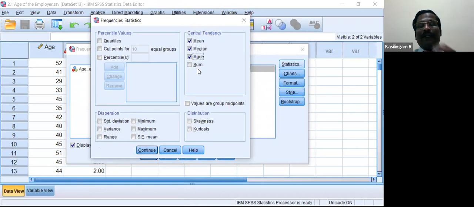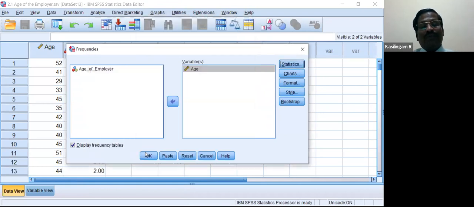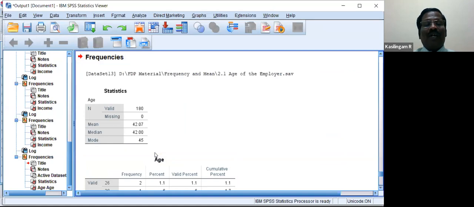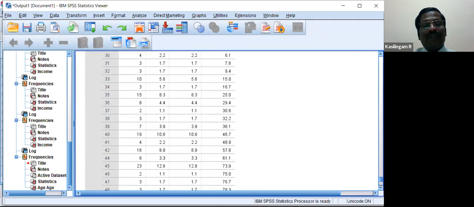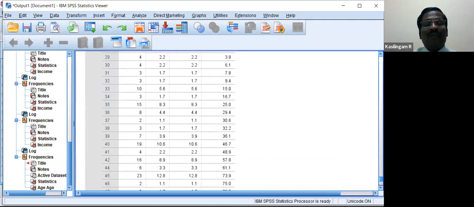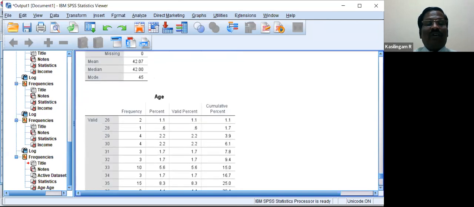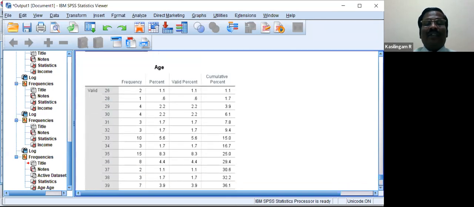All right, so now continue. Now mean is 42, median is 42. What is the mean? You know. What is median? Median is 50%. Median, middle, 50%, right? So median is 42. Now see here, you can see the frequency. Madam, table is visible? Yes, sir, it is visible.